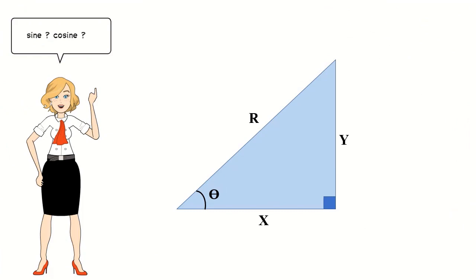Before we start, let's just refresh your mind on the definitions of sine and cosine. The cosine of theta is defined as x over r, and the sine of theta is y over r. I just solved these two equations for x and y.